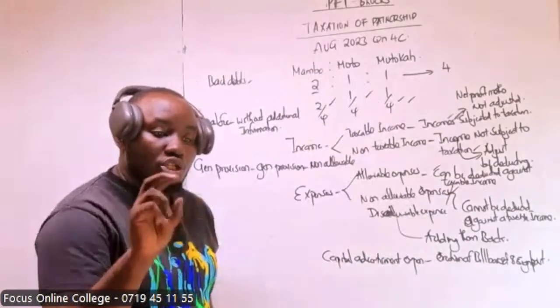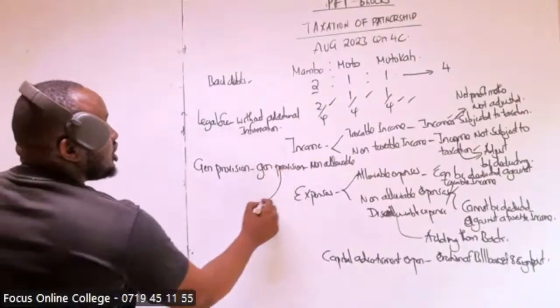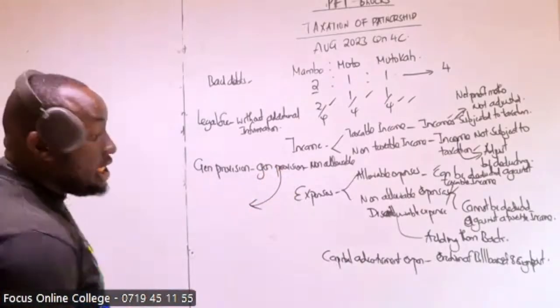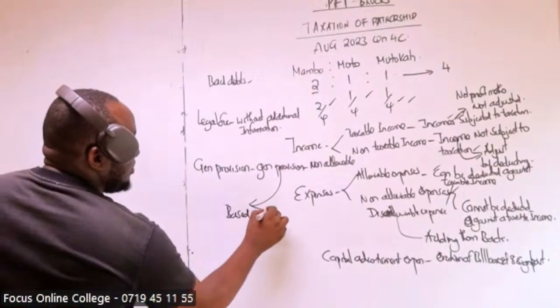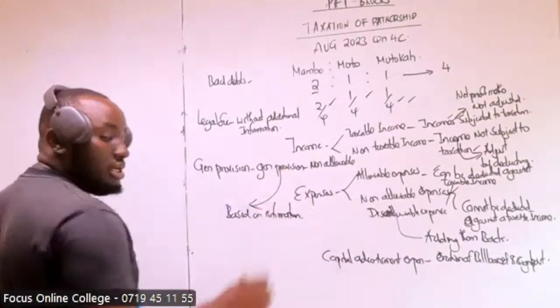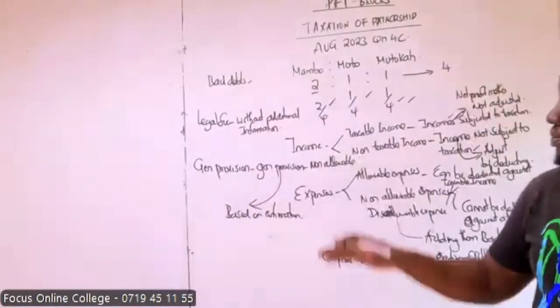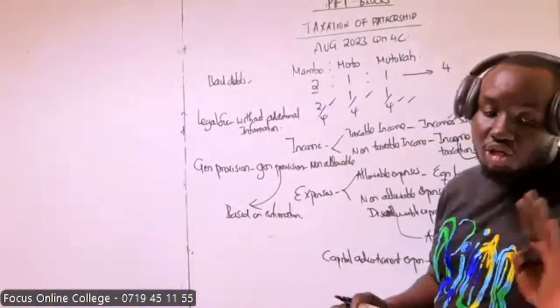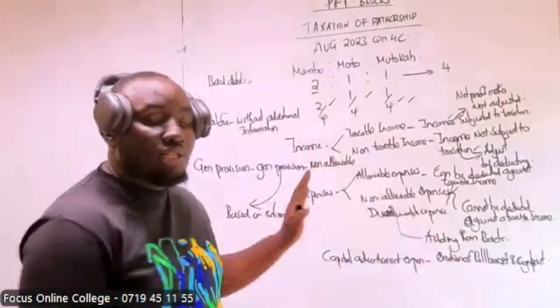We only allow specific provision. The essence of this is that a general provision is always based on estimation, and in taxation we do not allow that.